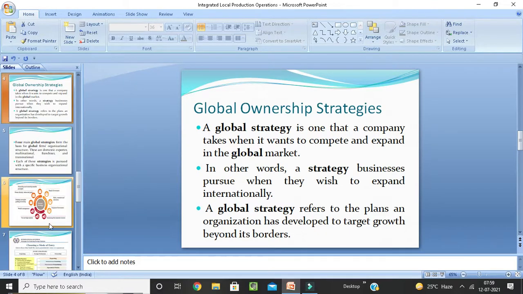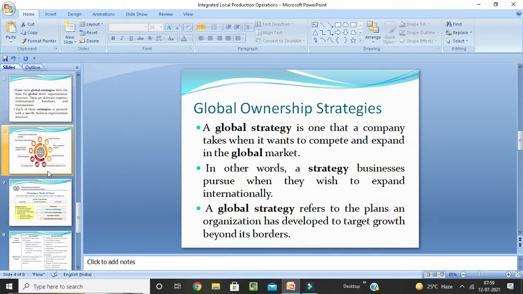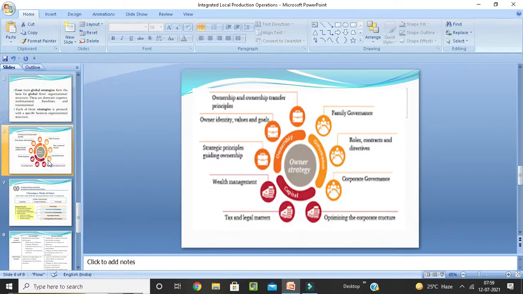So what is happening here? In this, the companies want ownership, even if they have started manufacturing goods in host countries or foreign countries. They want the ownership so that they can take decisions on time.